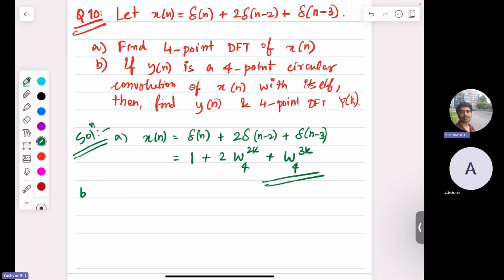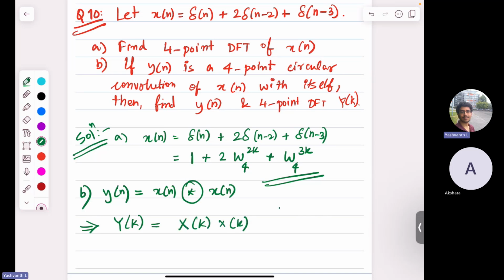Now, second question, what it says is your y of n is a circular convolution of x of n with itself. That is again circular convolution. That means, what does it mean? Your Y of k is nothing but X of k into X of k by the convolution property.